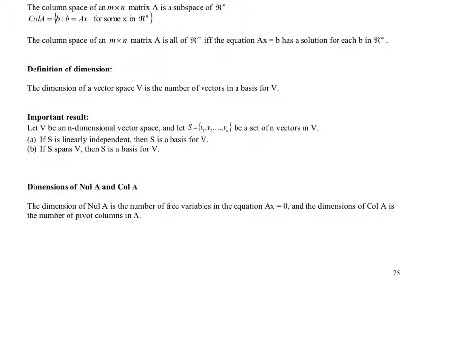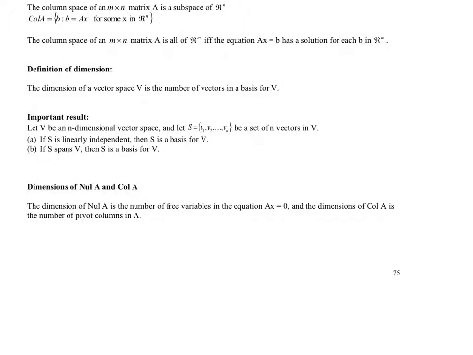So I would have maybe a pivot if I had 4 variables. If I had a pivot in 3 of the columns, that's telling me that one of the columns is going to be associated with a free variable. So now I indirectly know what my null space is related to in terms of free variables and the number of columns. The sum of those 2 values should give you the total number of columns in the matrix.